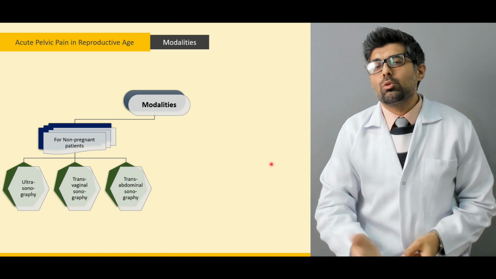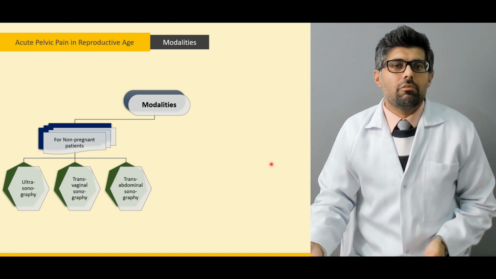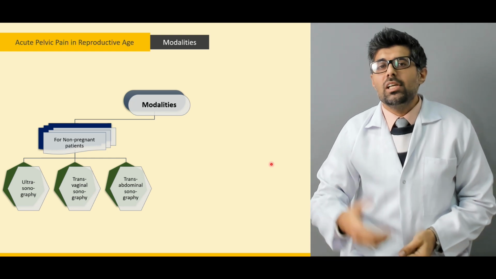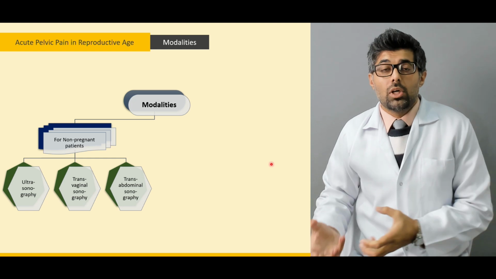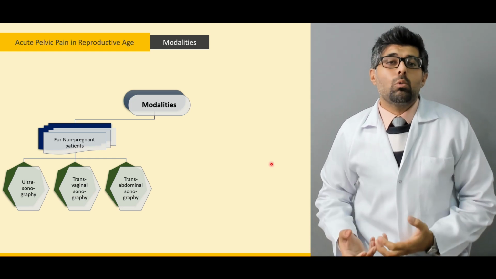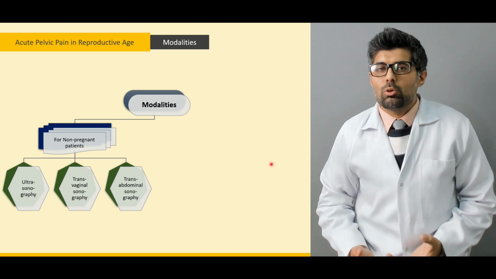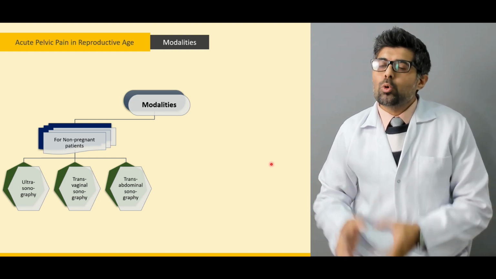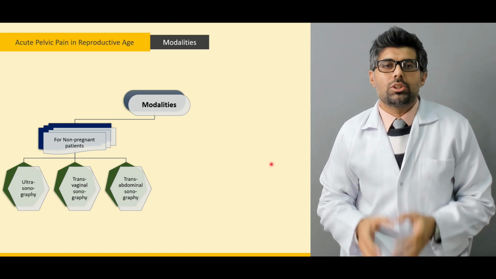If you only do the transvaginal one, you might miss the inflamed appendix, but if you do the transabdominal one, you might miss if she has any endometriosis. So both of these have to be done concurrently in those patients.